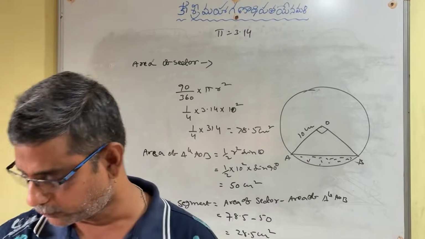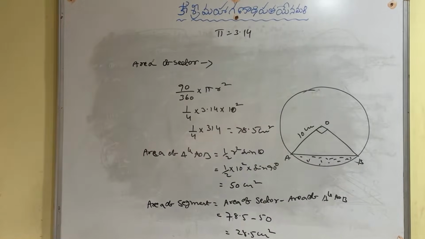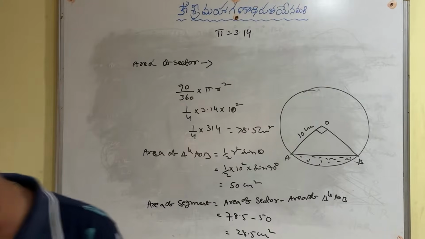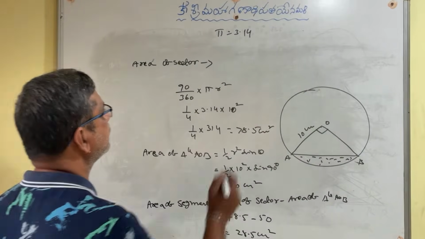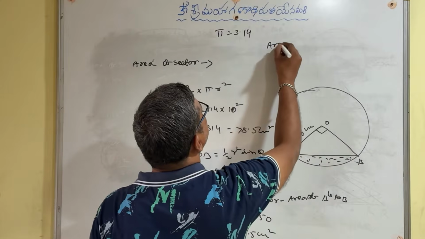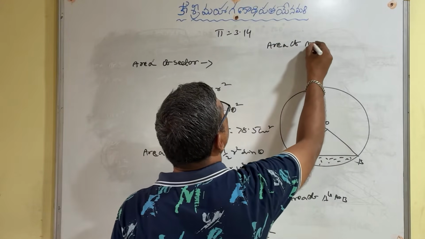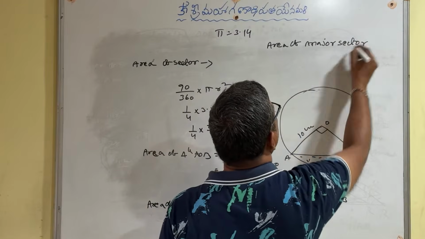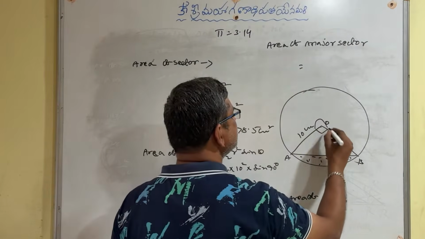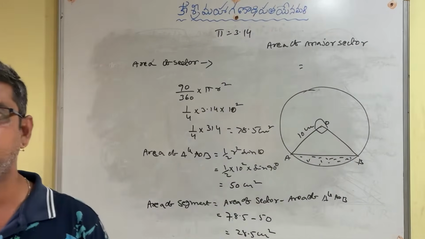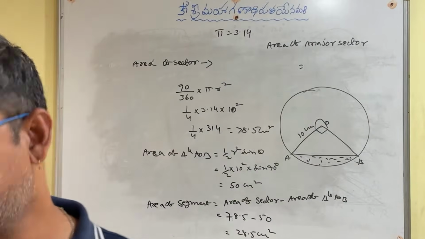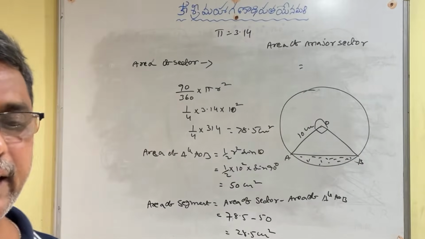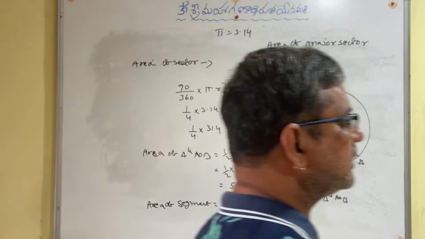Okay. Now, what is the second part asking? The area of the major sector. Can anyone say what the major sector angle is? The minor sector angle is 90 degrees, then what will be the major sector angle?